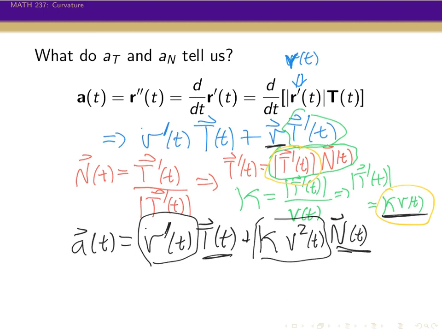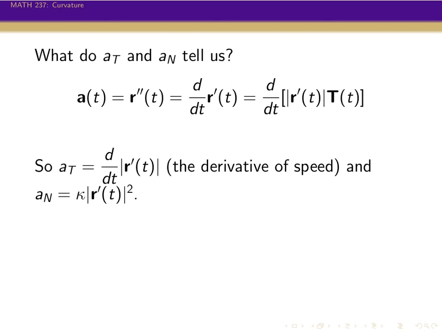Okay, so let's clean up and write this nicely. So a_T of t was the derivative of speed. So it's the derivative of the magnitude of r prime of t, right? And so a_T is telling us about change of speed. So this is talking about change in speed.